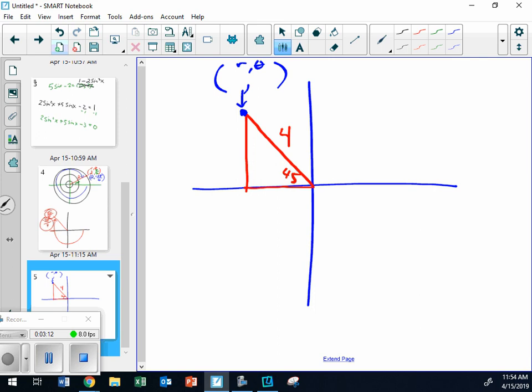Well, the r is pretty easy. It's 4. Then it's just a matter of the theta, and you can't say 45, and you can't even say pi over 4.